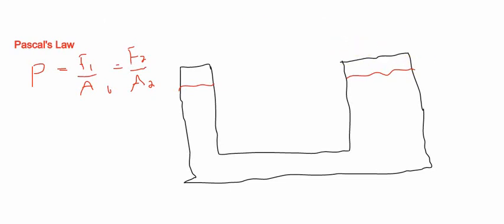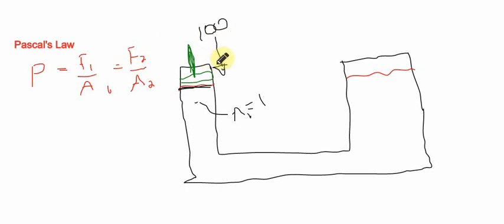Let's suppose this has an area of A1, and we'll just say this A1 is equal to 1. And let's suppose this is connected to a piston system, right? So you can push down. This piston is just to show that you can impart a force onto this liquid. We're just going to impart, let's say, a force of 100.